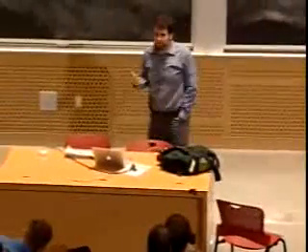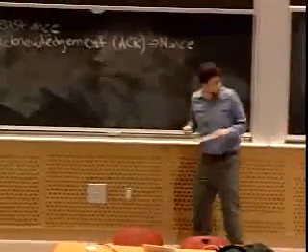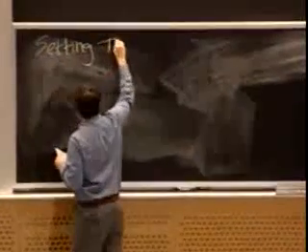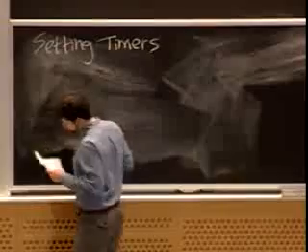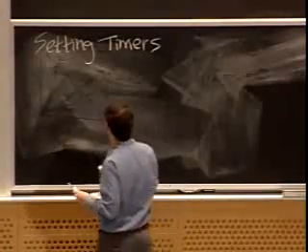So there's this question about how we are going to pick this timer interval so that it's appropriate for the network that we're running on. This turns out to be kind of an interesting and challenging problem. How long do we wait before a retry?